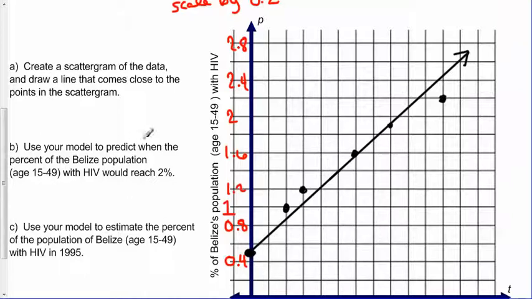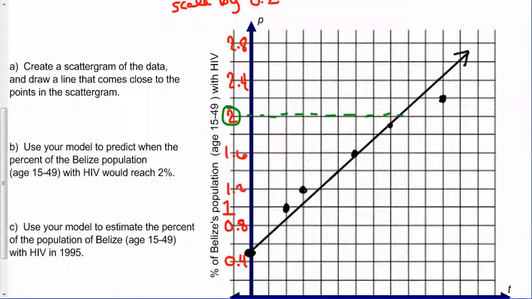So let's use our model to predict when the percent of the Belize population age 15 to 49 with HIV would reach 2%. So 2% is right here. So we're going to say, when would that be happening? So let's see where that's going to hit my model. So I'm going to be coming over here, and I'm seeing that that hits the model right about there.